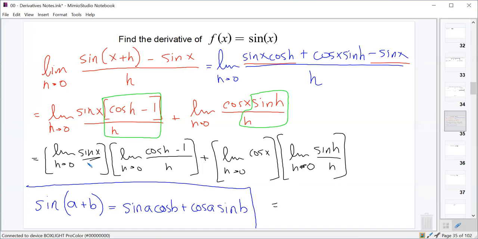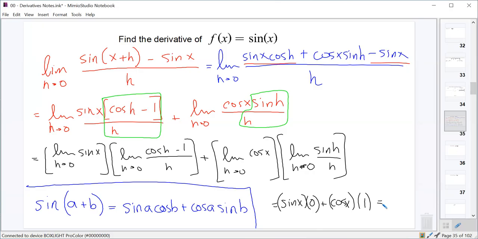As h approaches 0, sine x is just sine x. So we end up with sine x times the limit as h approaches 0 of cosine h minus 1 over h, which is 0, plus the limit as h approaches 0 of cosine x, which is just cosine x, times the limit of sine h over h, which is just 1.